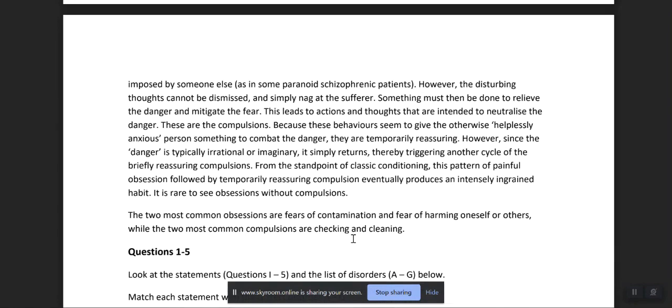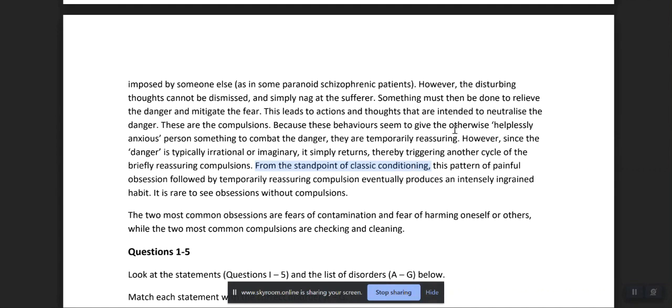Okay, perfect. Look, guys, yes, it is difficult because it is the real IELTS reading. And you can find something from these real IELTS readings. For example, here, from the standpoint of classic conditioning. Look, guys, you can use this in your writing.